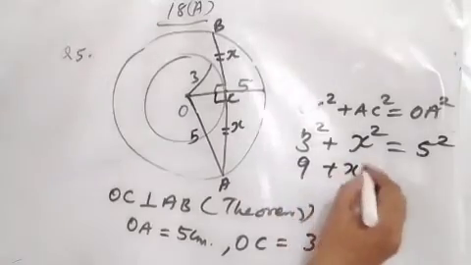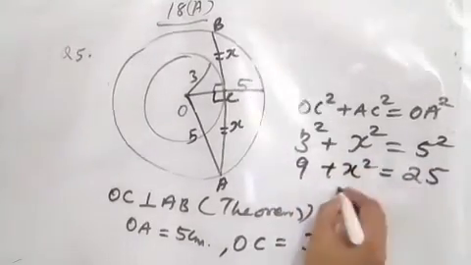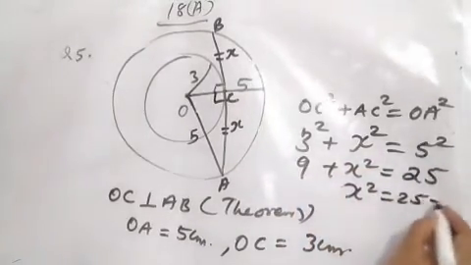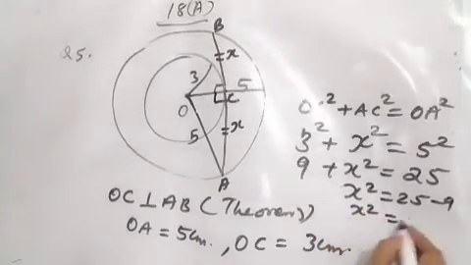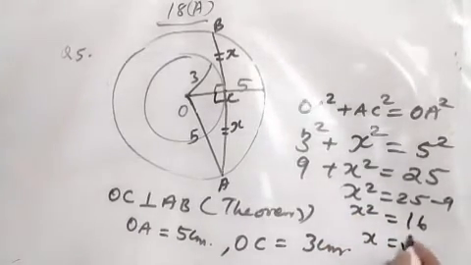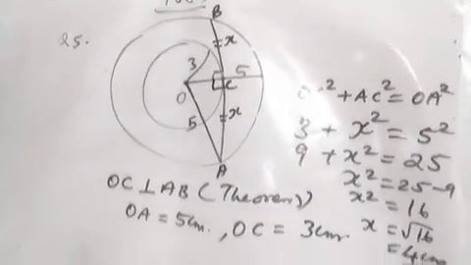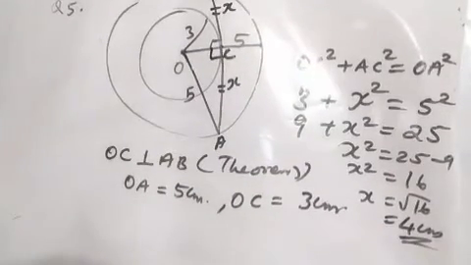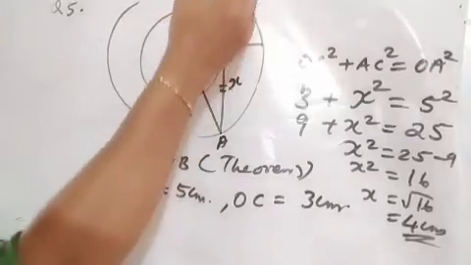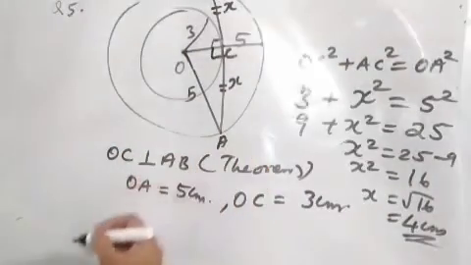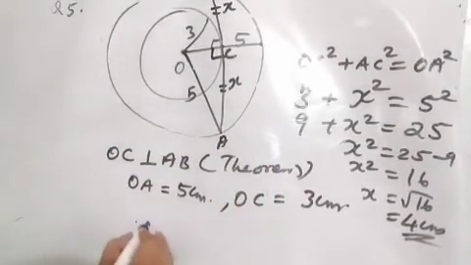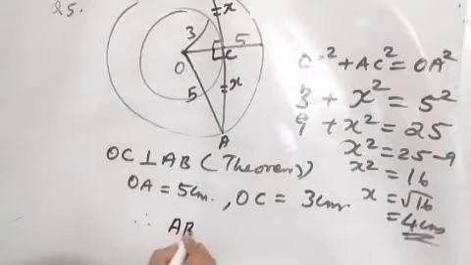9 plus x square gives 25. x square is 25 minus 9, that is 16. So x is square root of 16, 4 centimeter. So the half portion of the tangent is 4 centimeter. Therefore, can you say what is the length AB?